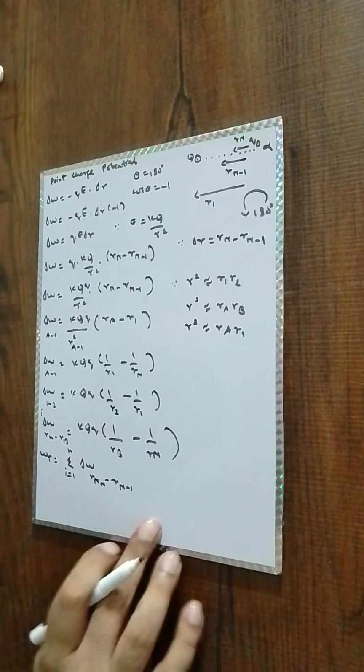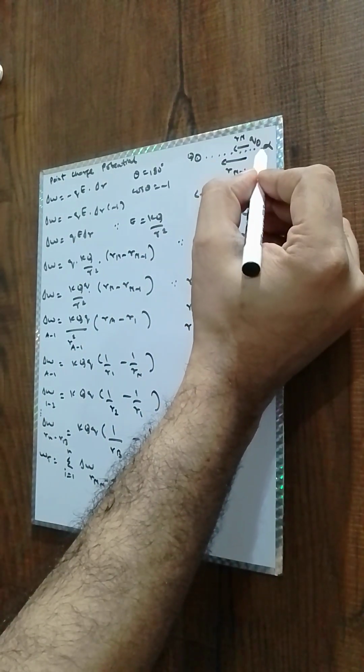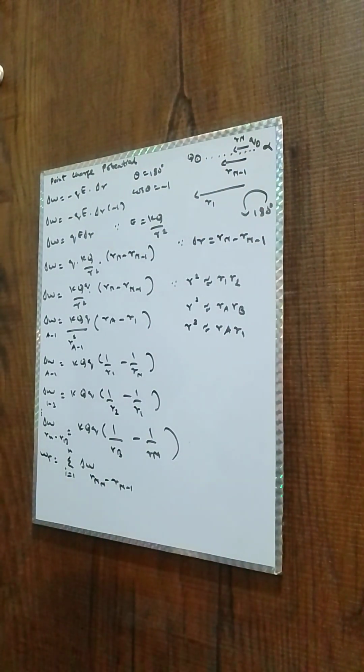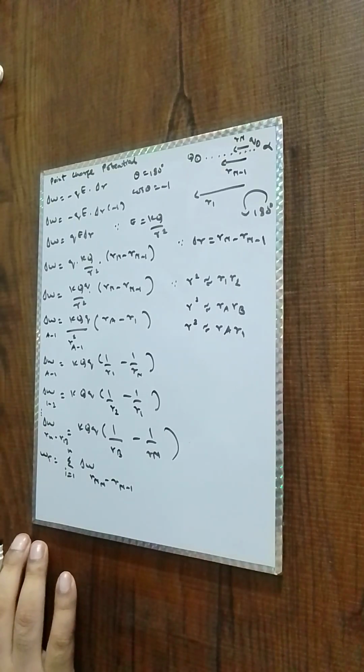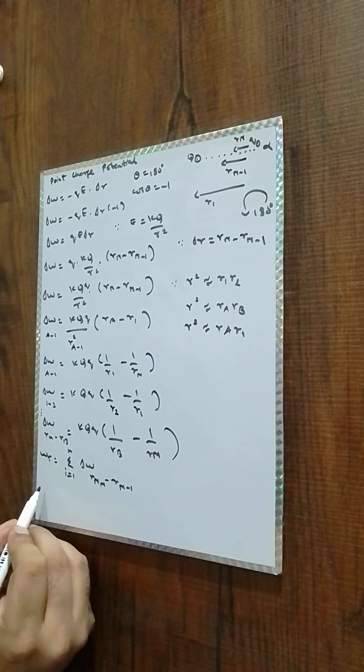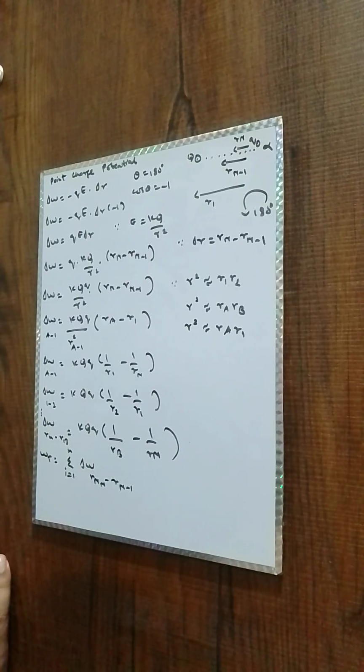So in general, if the last point is infinity, as has been pointed out, a small charge q can be coming from a long distance, infinity, to the big charge capital Q. So in this case, the general form will take the form of work from infinity.